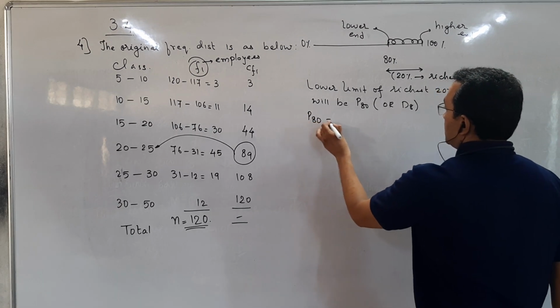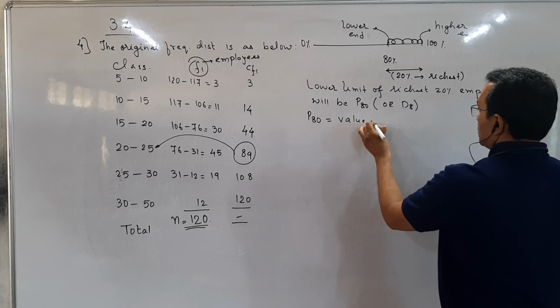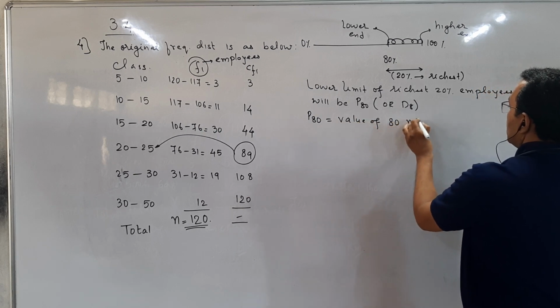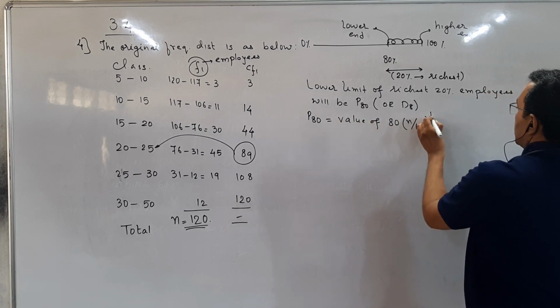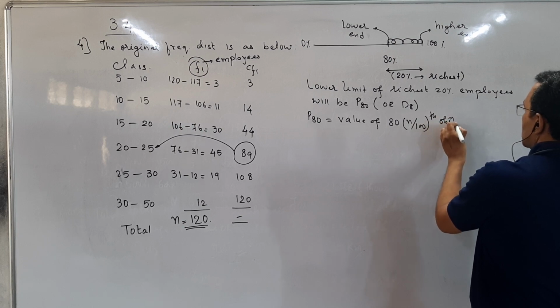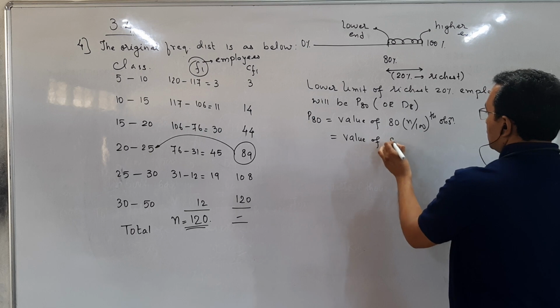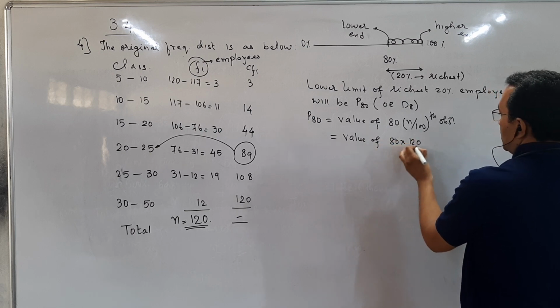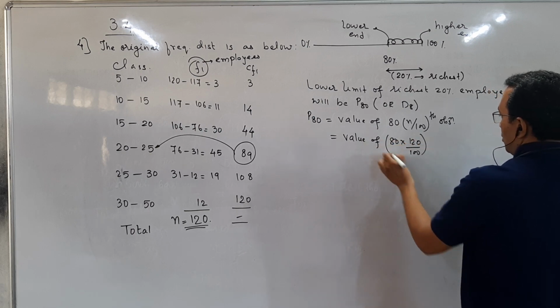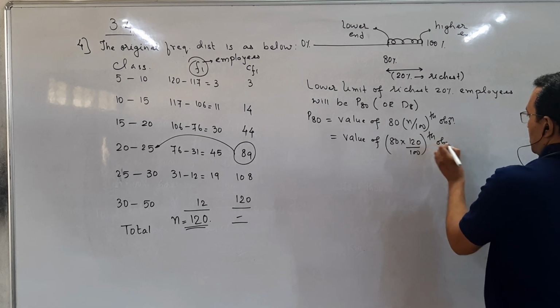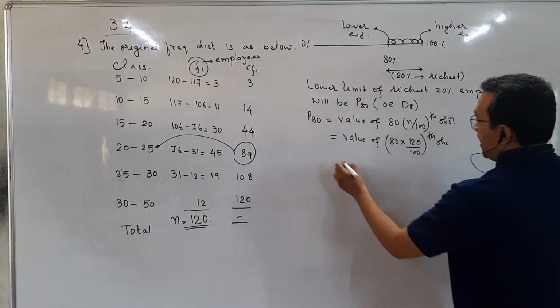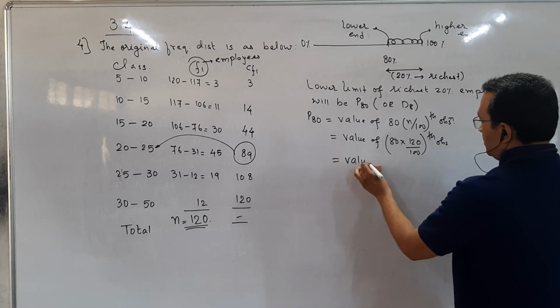Now P80 is equal to the value of 80 into n by 100 observation. So this will be the value of 80 into 120 by 100 observation. So the value is 96.